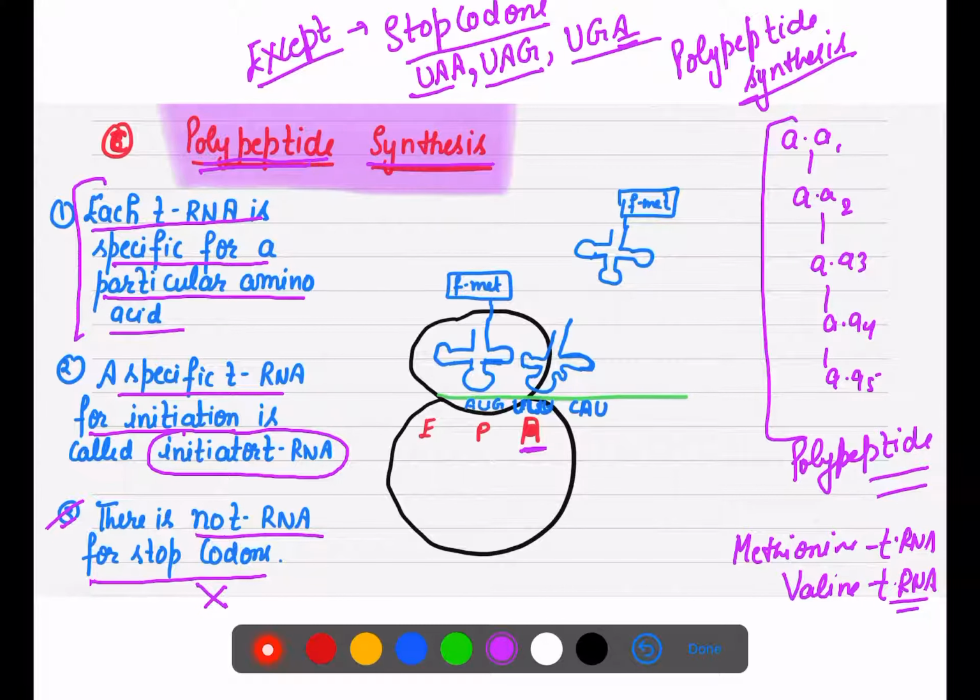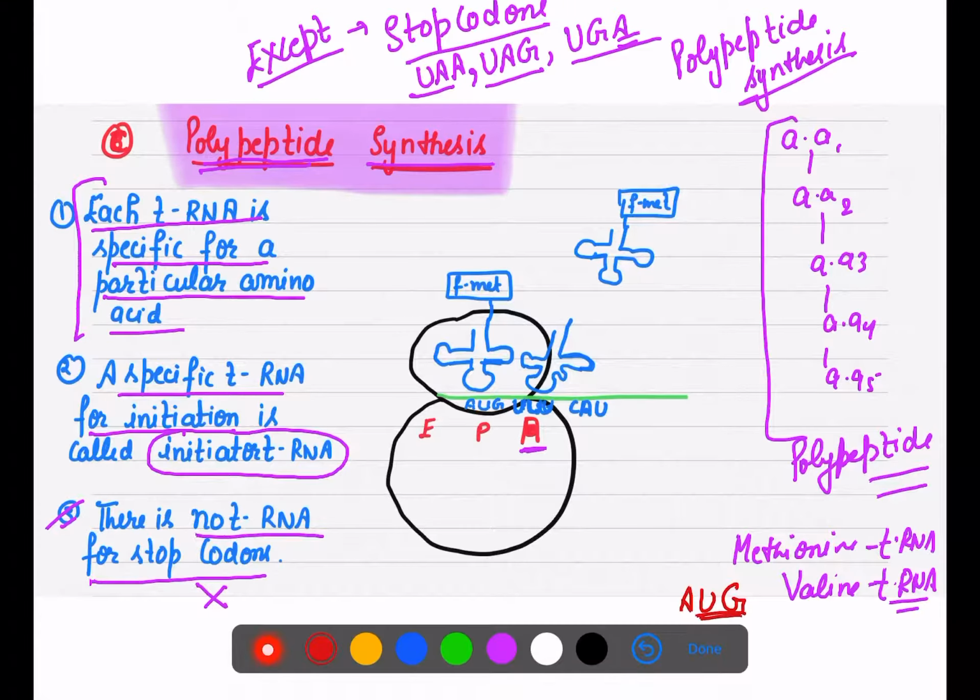So this is the assembly. As you can see, this is the smaller subunit, larger subunit, and mRNA is attached on the smaller subunit. Now on the larger we have E, P, A. Now one thing, this is the initiator tRNA, the starting tRNA, because the starting codon is AUG.